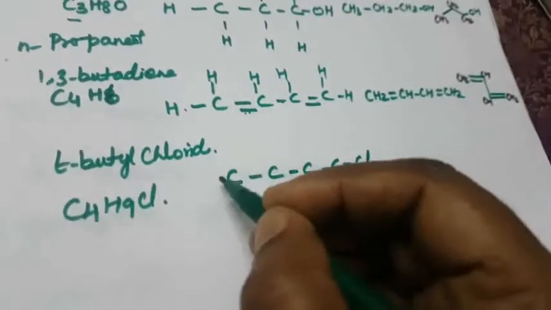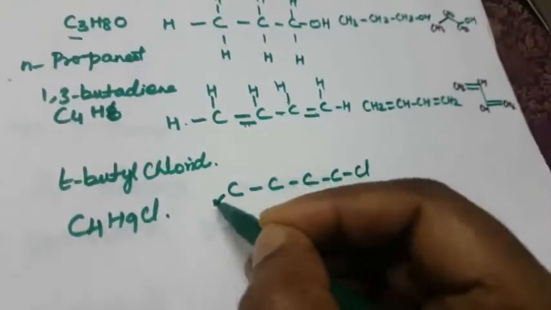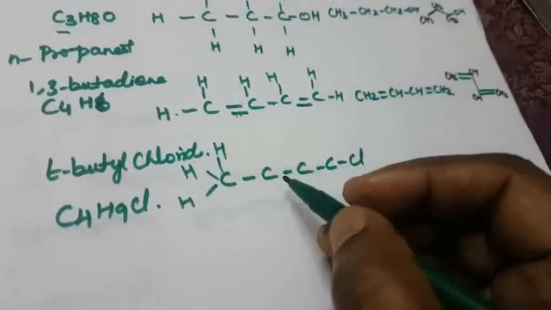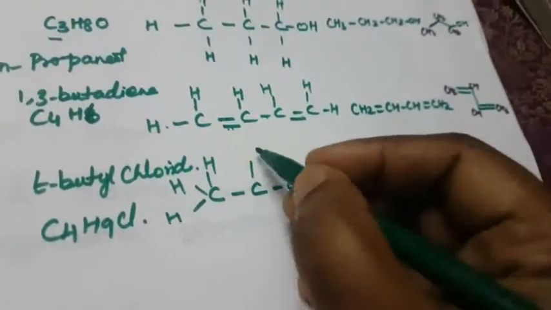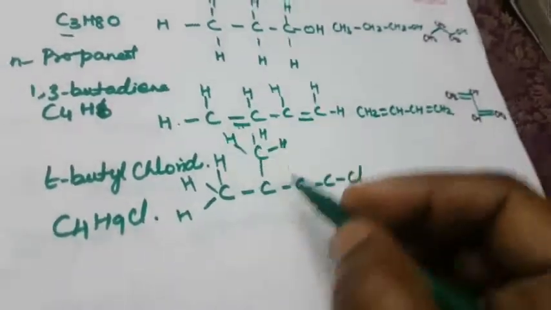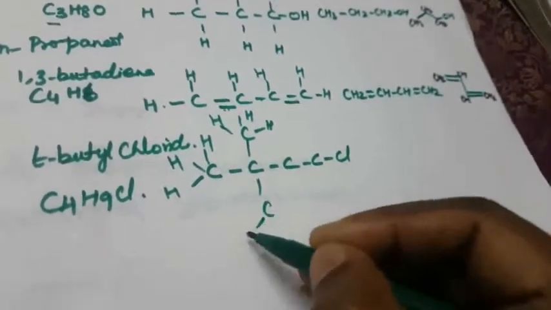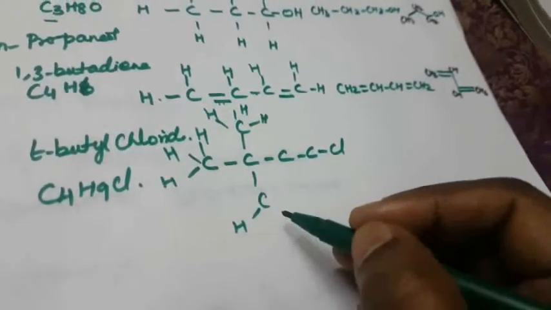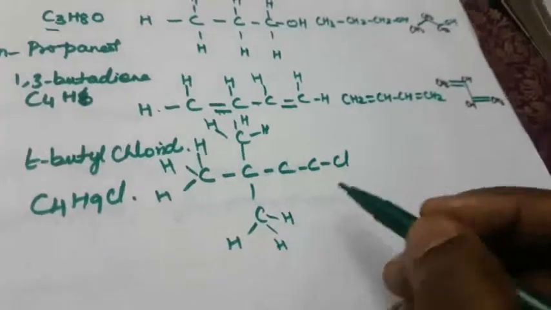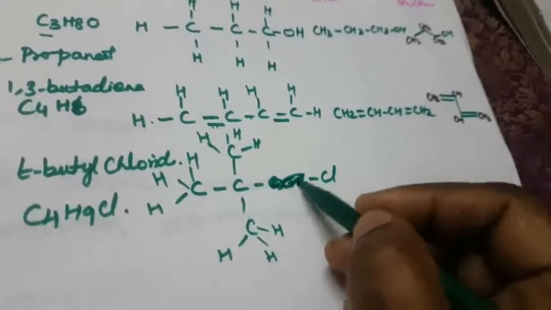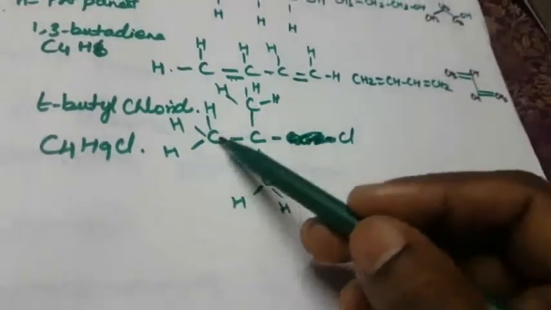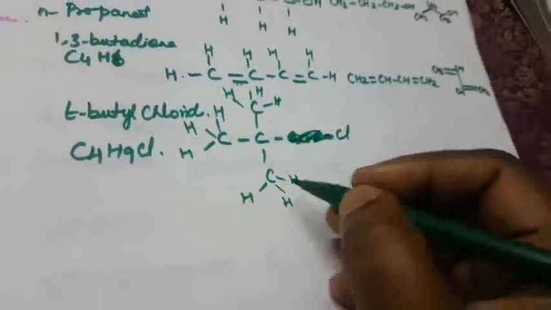Here 1 hydrogen, another hydrogen, another hydrogen, and the same for the other carbons. Only 4 carbons, 1, 2, 3, 4, and Cl. That is tertiary butyl chloride.